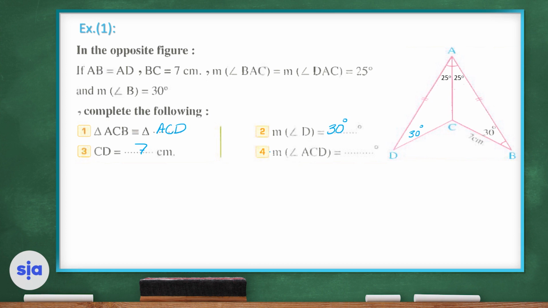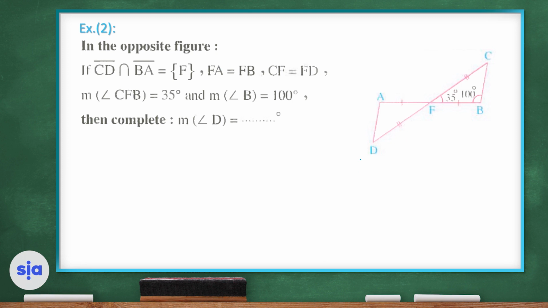Question 4. The measure of angle ACD is equal to what? It's equal to 180 minus the sum of 30 and 25, because the sum of the 3 angles in one triangle is 180 degrees. So the measure of angle ACD is 125 degrees.